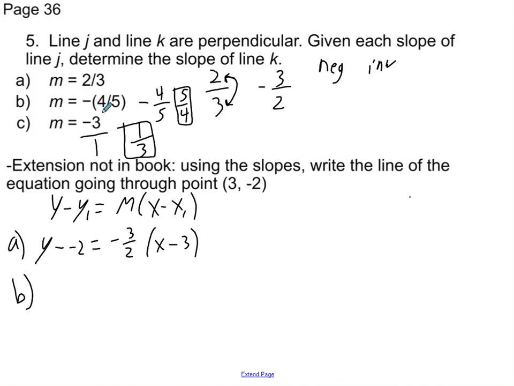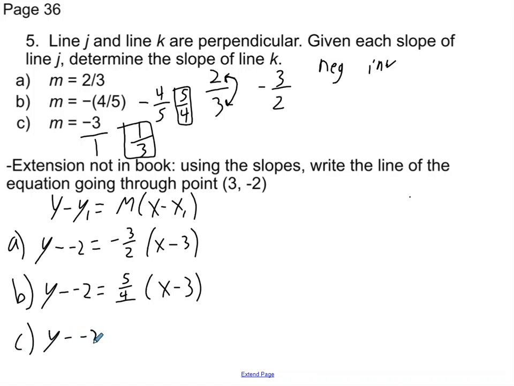For B, it's going to be the same thing. Y minus -2 equals the slope times x minus 3. And the slope would be 5 over 4. And then for C, the same thing.